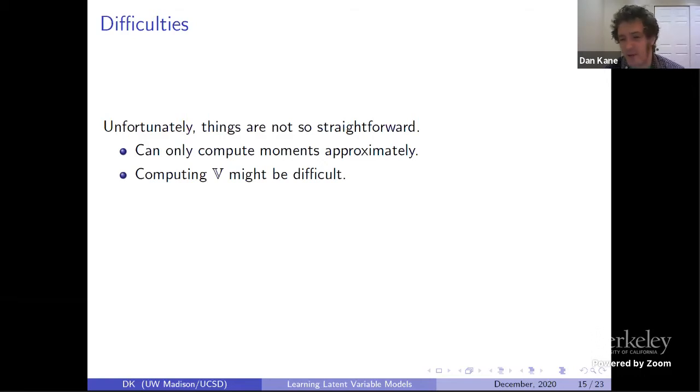Secondly, even if we had things that were exact, computing this variety might be difficult. With linear polynomials, if you have a system of linear polynomials, it's easy to figure out what the subspace they define is. For higher degree polynomials, computing and writing down the variety they define is not necessarily easy. And even if we could write it down, working on this variety might be difficult.